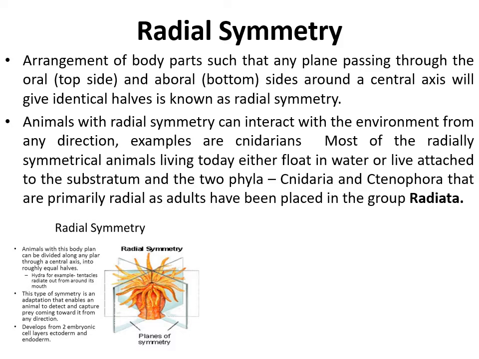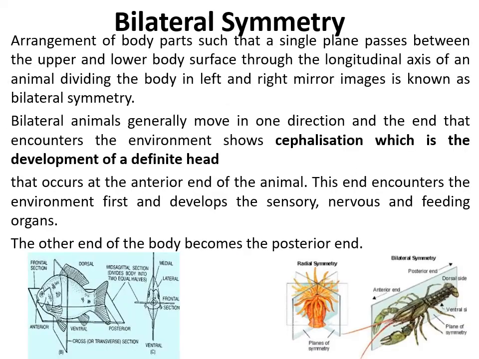Animals with radial symmetry can interact with the environment from any direction. Examples are cnidarians and Ctenophora, which are primarily radial as adults and have been placed in the group Radiata.